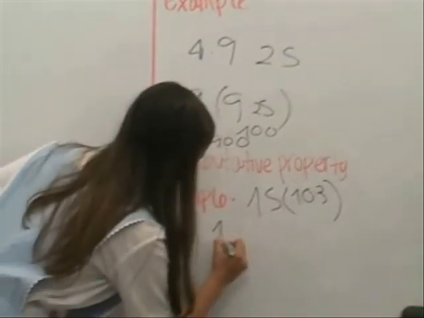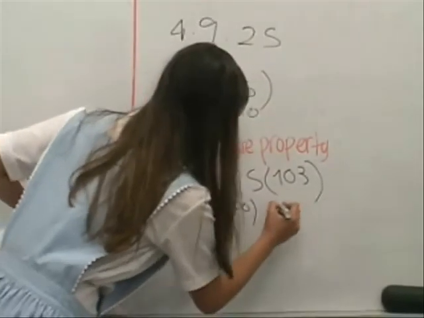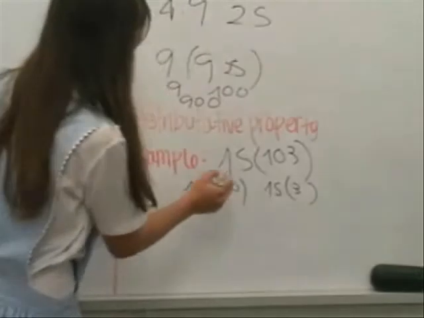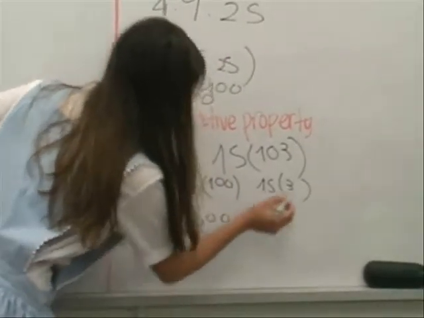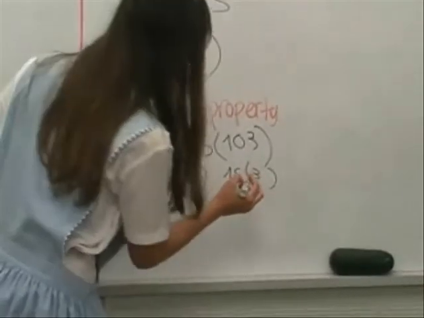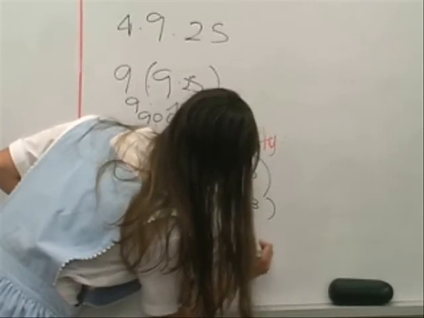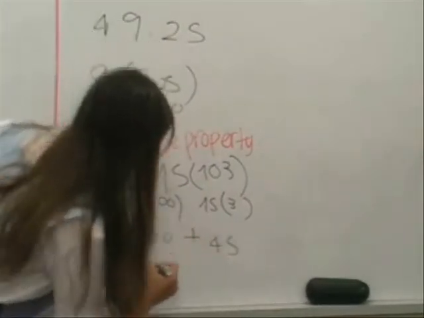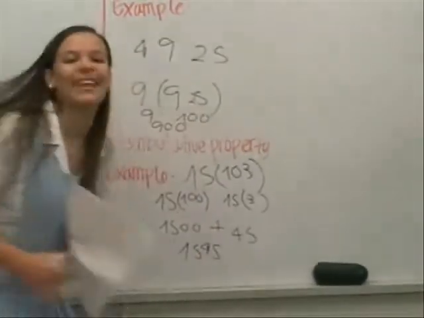So we put 15 times 100 and 15 times 3. So this is going to give you 1,500. And this is going to give you 45. And after you have the result of these two operations, you add them and you're going to have 1,545. Okay, thank you.